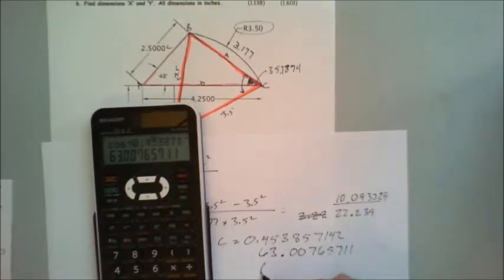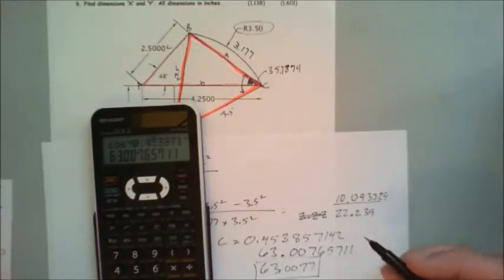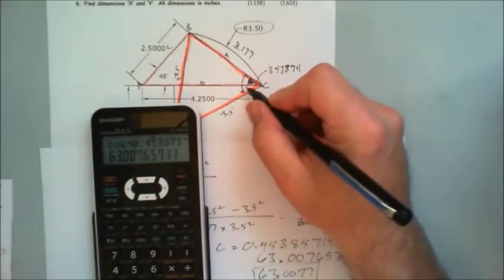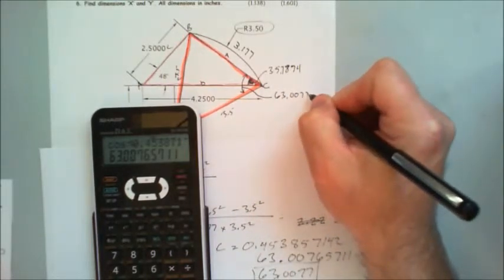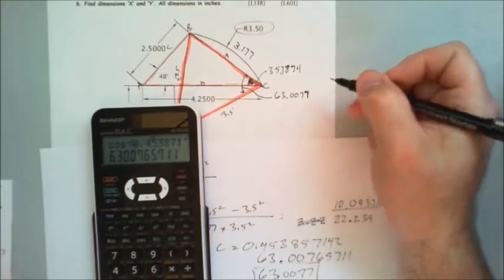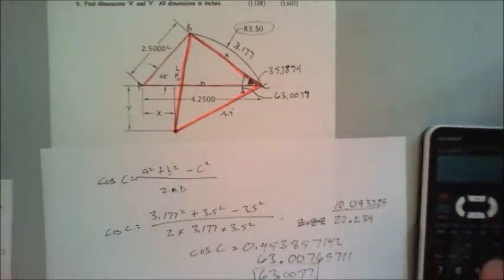I guess we'll go 63.0077. Keep in mind your numbers can be slightly different, not a lot, than what I have due to rounding. Normally I say don't round, but here I am rounding myself.